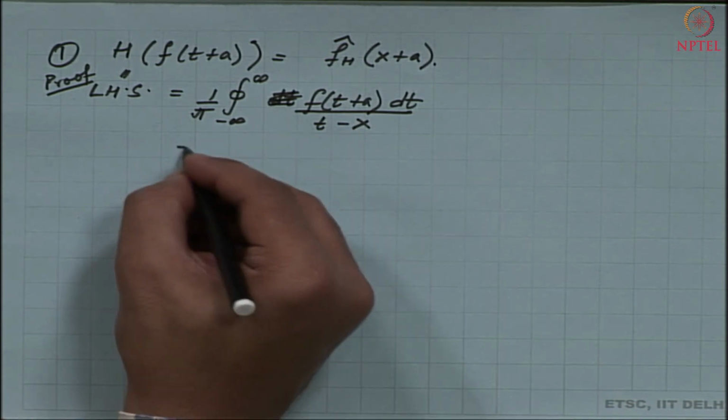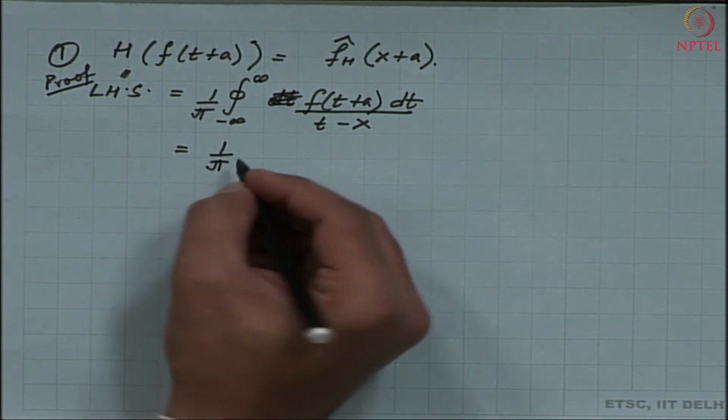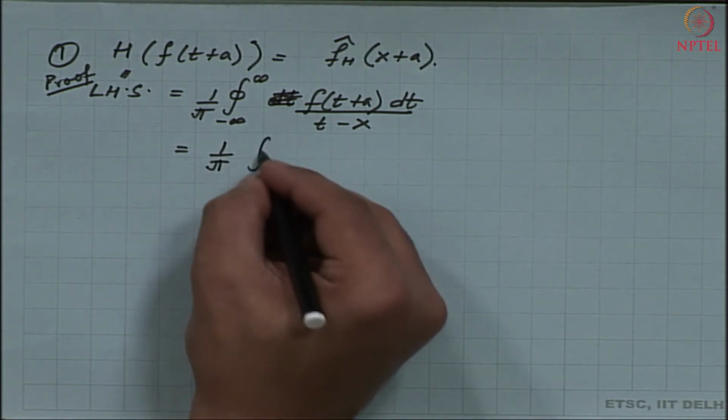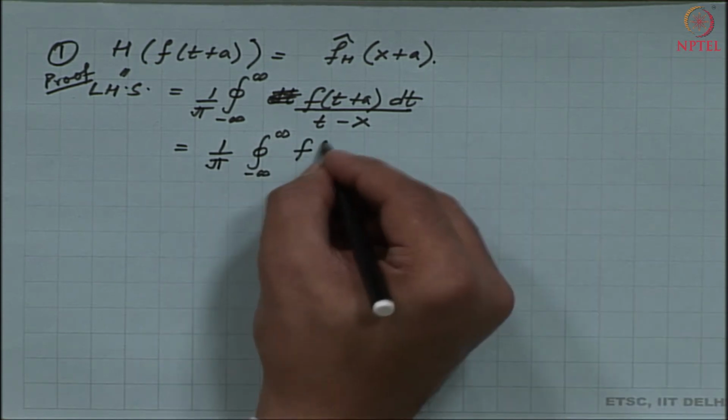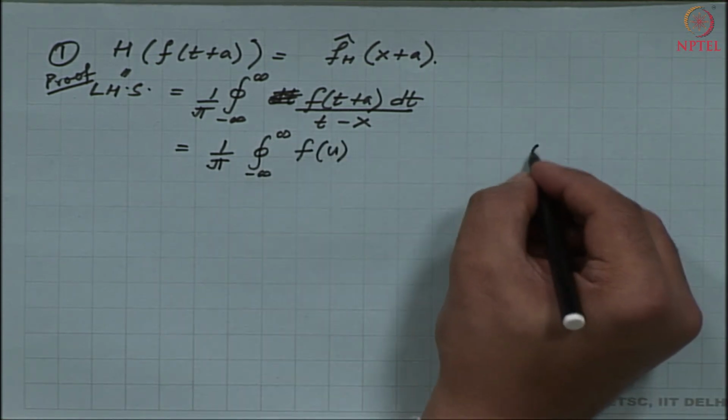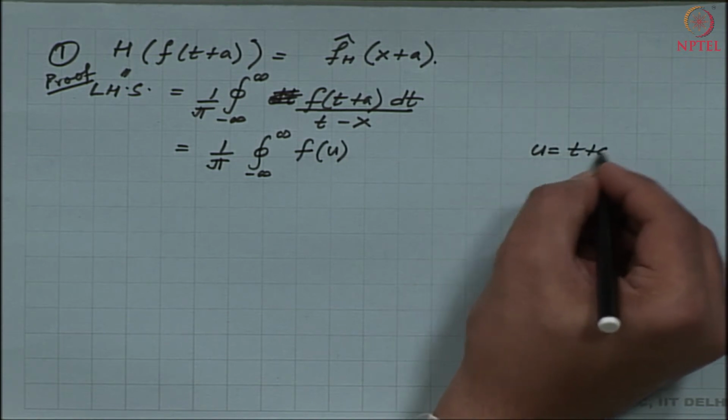So, this is 1 by pi times the Cauchy integral of f of u, where I have defined my variable u to be t plus a.